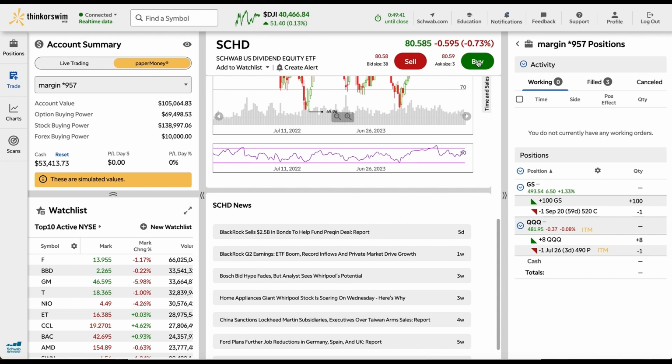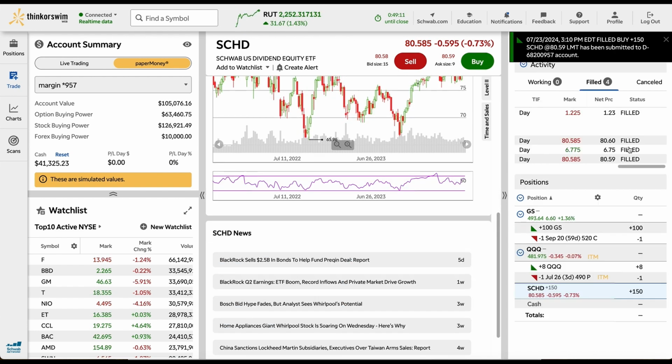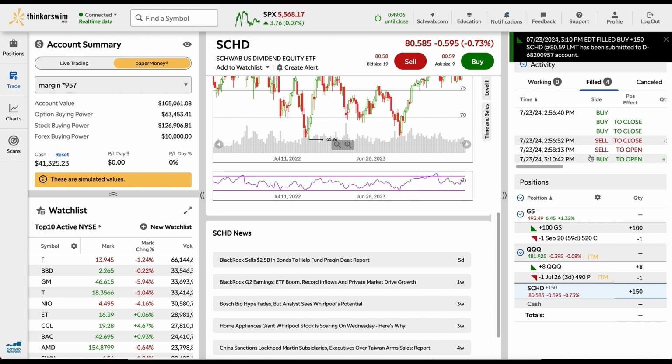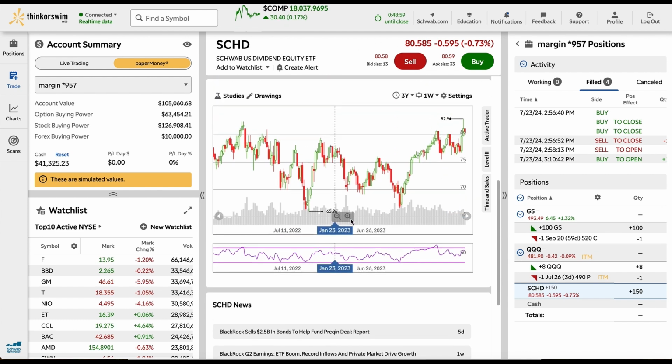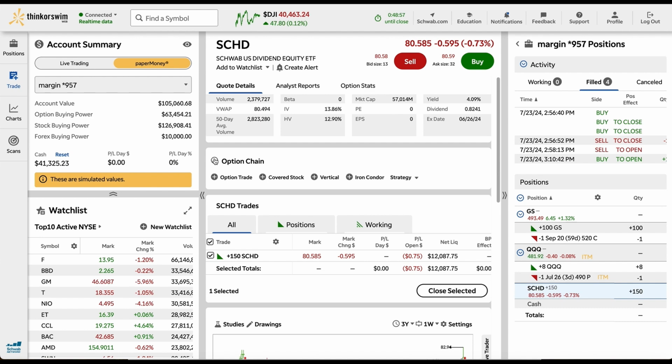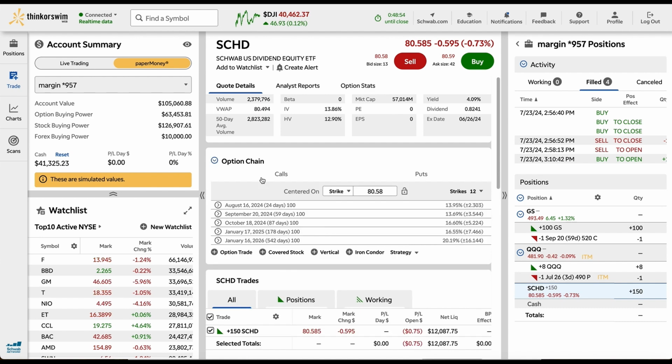First, I'm going to buy 150 shares. And it filled at a price of $80.50. Now I'm going to sell a cash secured put expiring on August 16th.